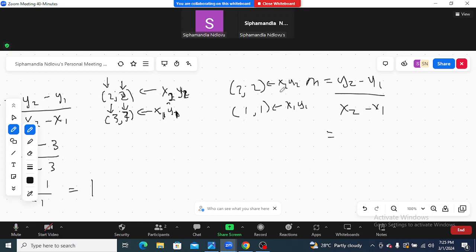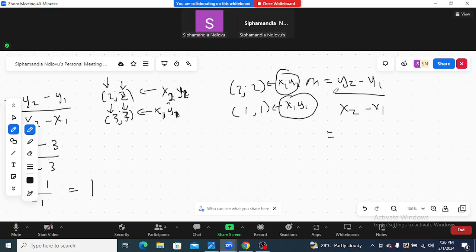As I said, I can also treat this one, if I like, as my x1 and y1, and I treat this one as my x2 and y2. It doesn't matter, as long as you're being consistent after you picked those coordinates.